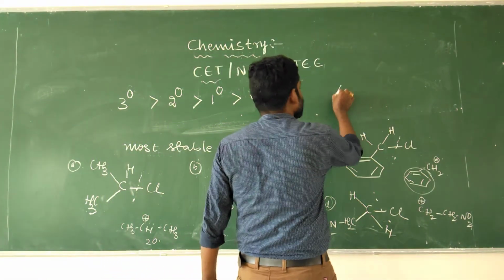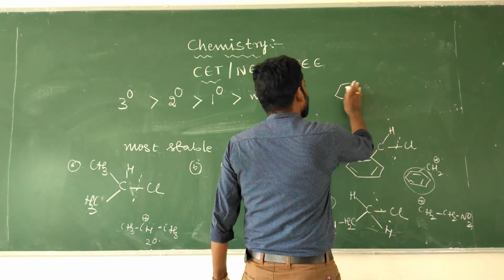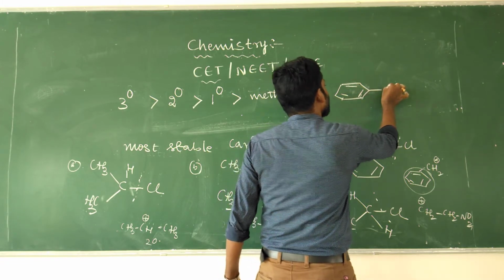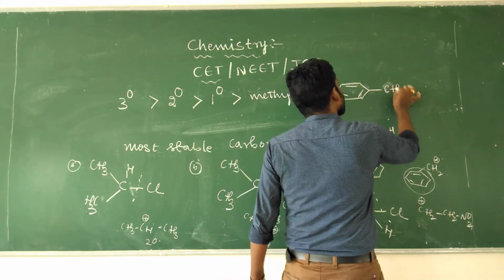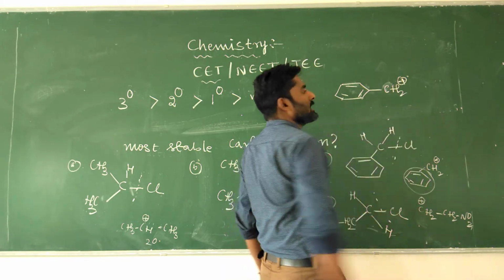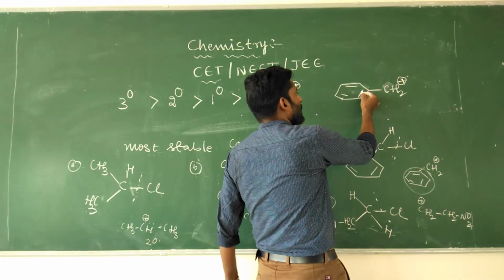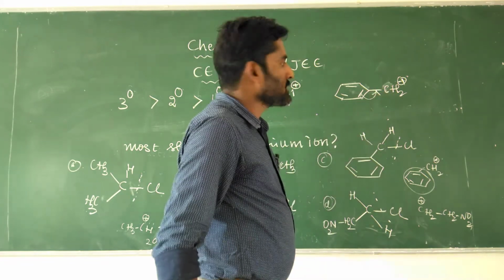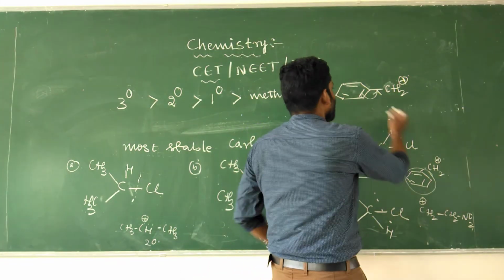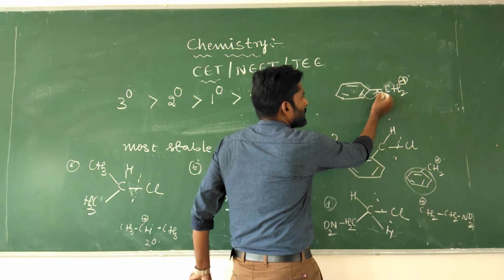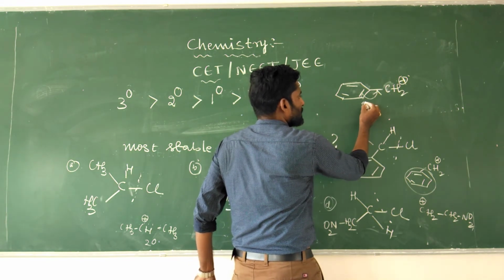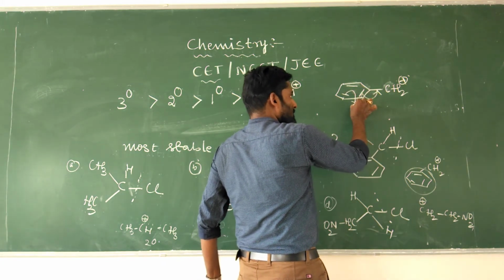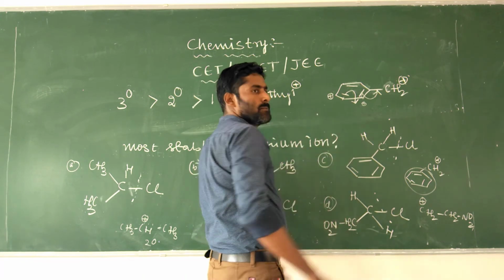Let us take the benzyl carbocation. Carbocation is electron deficient. Pi electrons are required in double bond formation to satisfy the positive charge of the carbocation. So the double bond comes here, and the positive charge is formed at the 2 position.